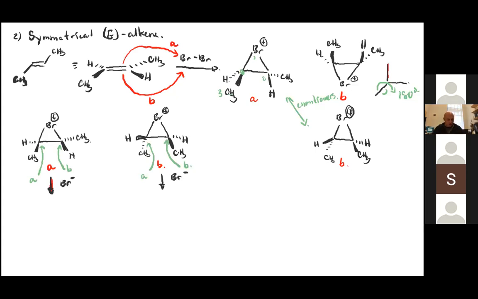Let's draw the products. Starting with the bromonium ion on the left, attack via the green A would give me something like this. So this would be A. And then attack via the green B would give me something like this.